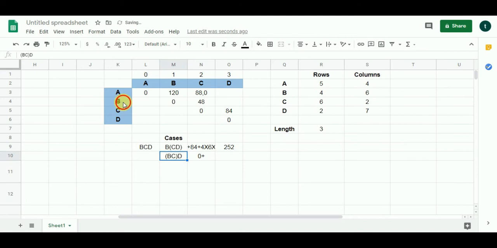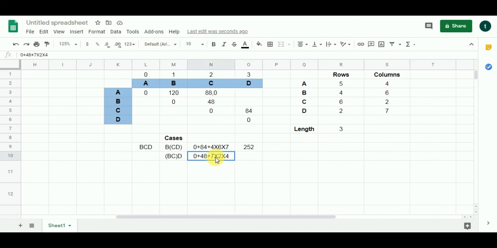So cost of BC is this cell, which is 48. All right. And then the cost of the multiplication, BC and D, which is going to be nothing but 7 into 2 into 4. The result of this addition is going to be 104.